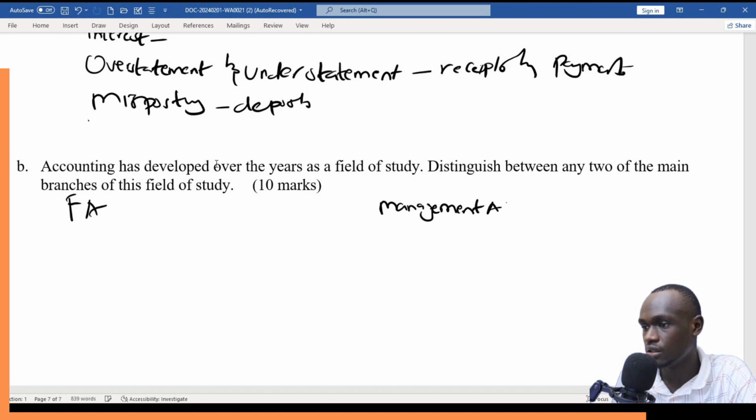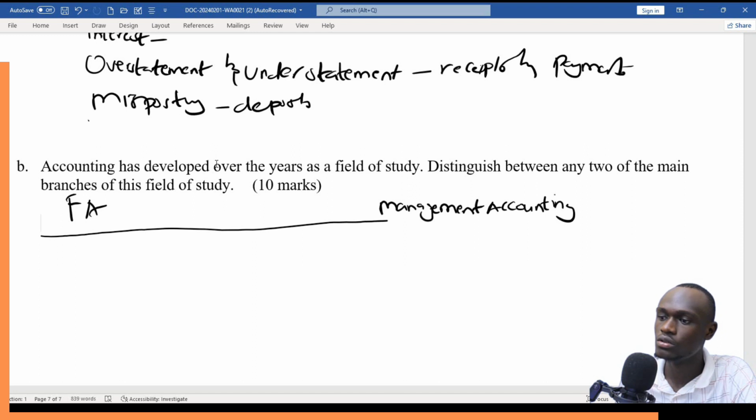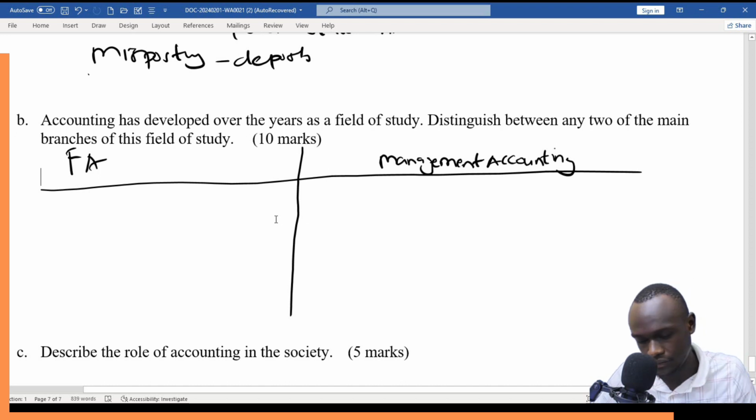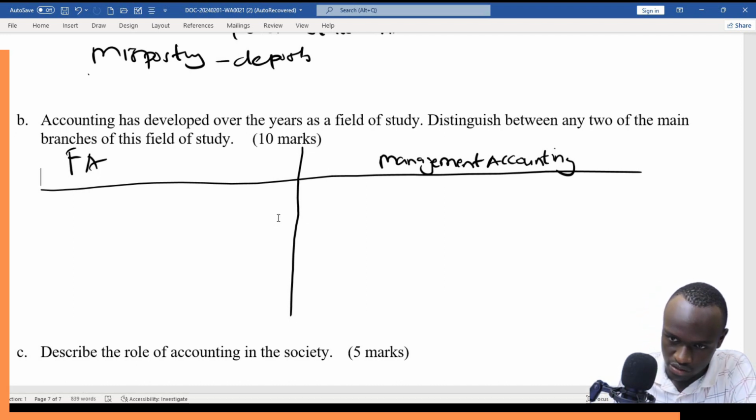Management accounting can also be referred to as cost accounting. So what are the differences between the two? One, you can say that the users of financial accounting information are external users.